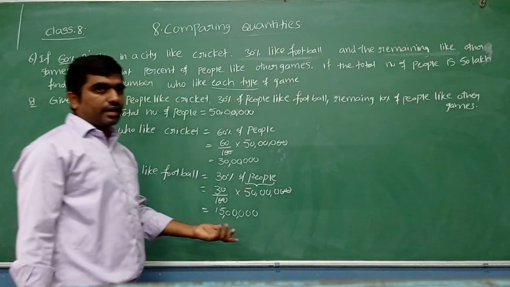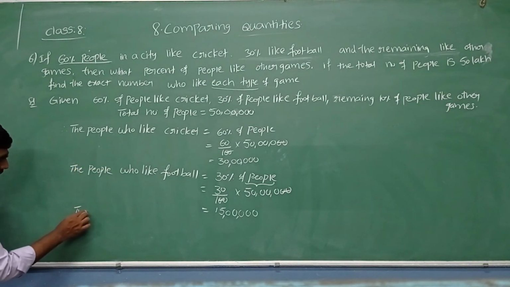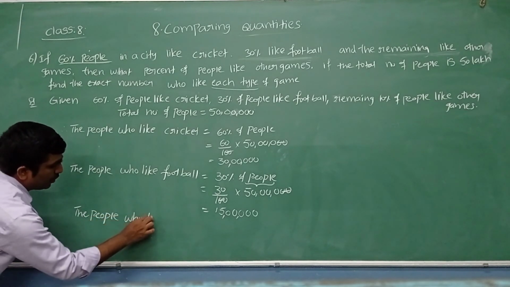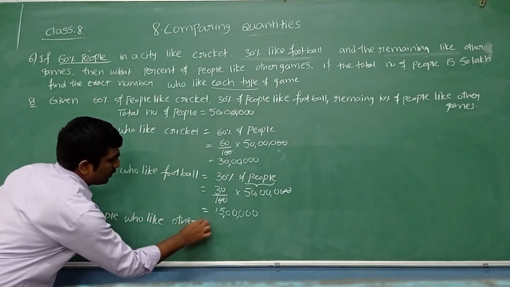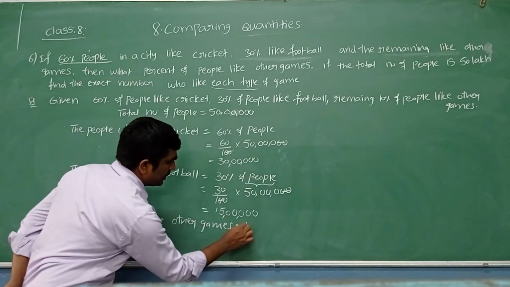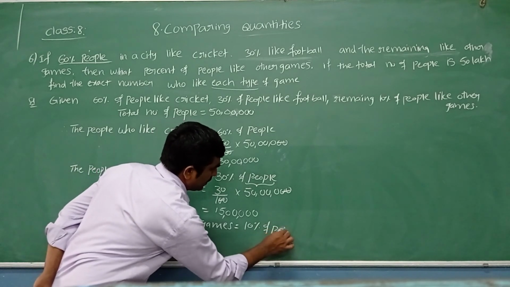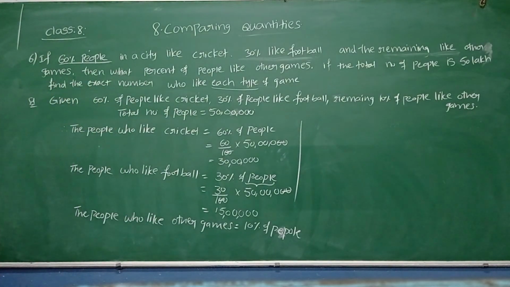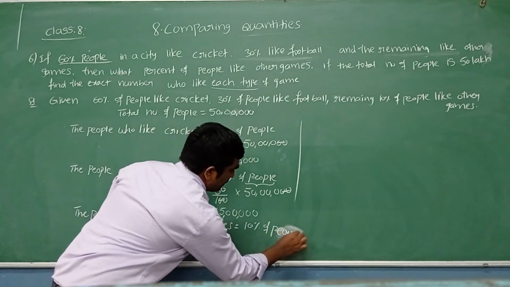Other games. Directly we can write, or we can write using percentage also. So next we can write the people who like other games. The people who like other games is equal to how much percentage? 10% of total people.